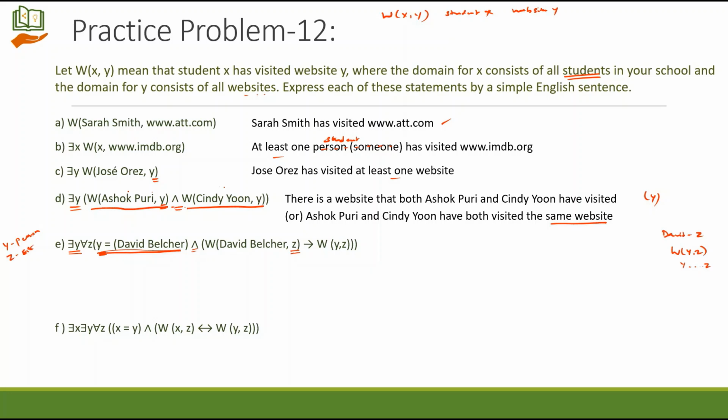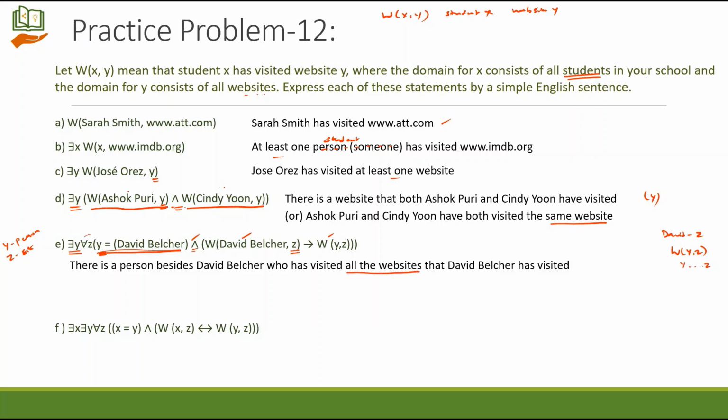So combining all these three, that is this conjunction, this particular W of David Belcher and this particular implication, we can say there is a person besides David Belcher who has visited all the websites that David Belcher has visited. Why do we say it is all the websites? Because here we have universal quantifier. So we know Z is going to denote site.